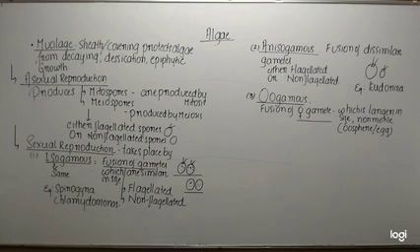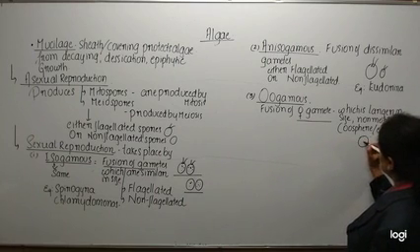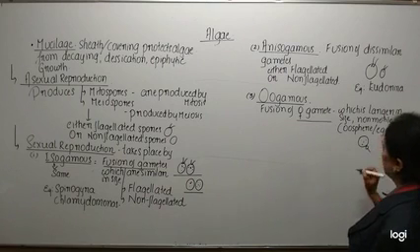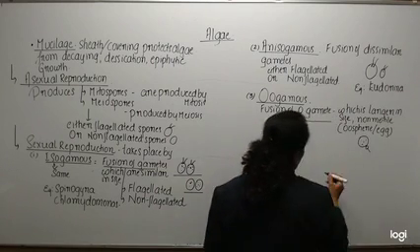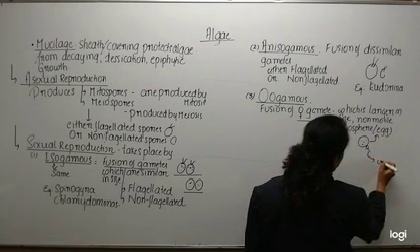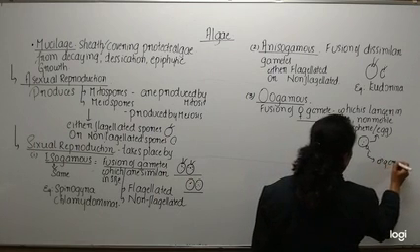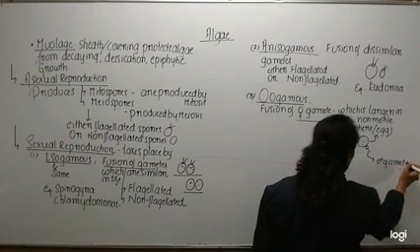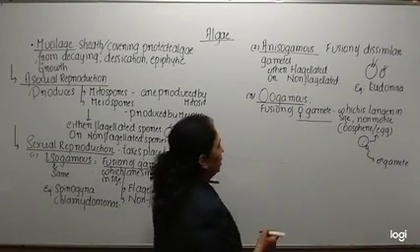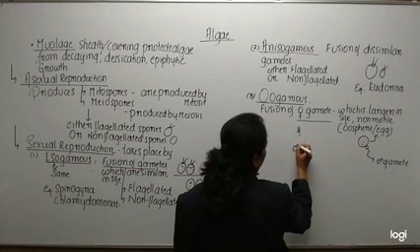The egg is larger in size and fuses with the gametes which are smaller in size. So this is the male gamete, and the larger one is the female gamete, the egg or oosphere. And this is the fusion of male gamete and female gamete.